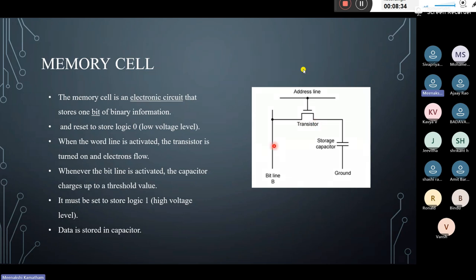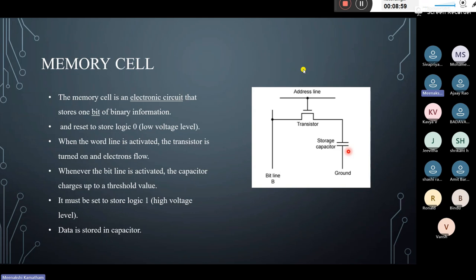Then the bit line should be activated, and the data starts storing in this capacitor. The capacitor is nothing but a storage element for the data, and it stores up to the threshold voltage. Every capacitor has some threshold voltage value, and up to that it can store the data.